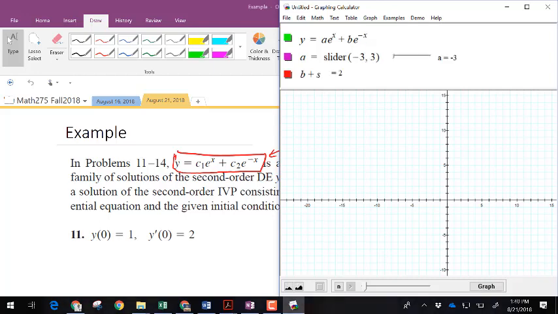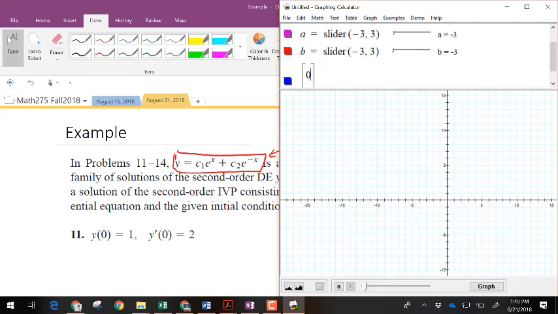All right. We have the point, 0, 1. And then we have the line. I'm just going to use a line as a slope.